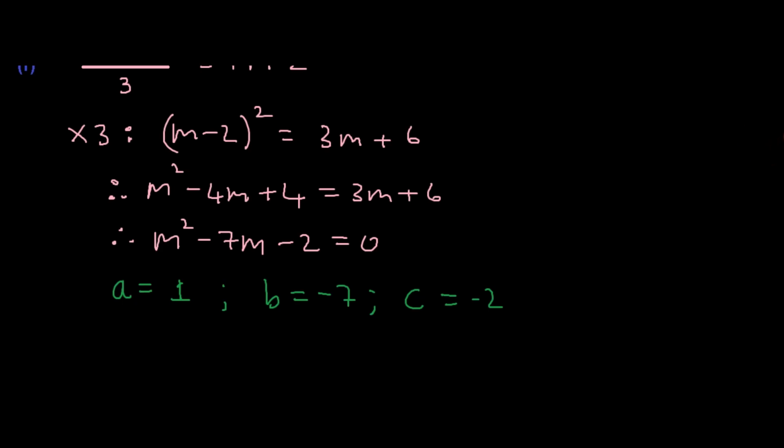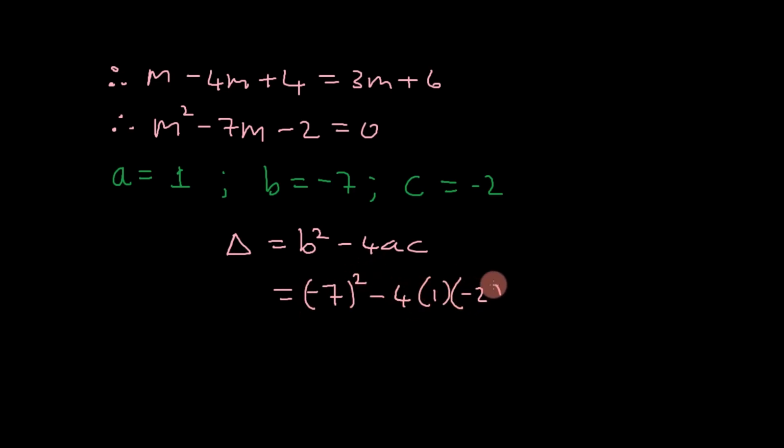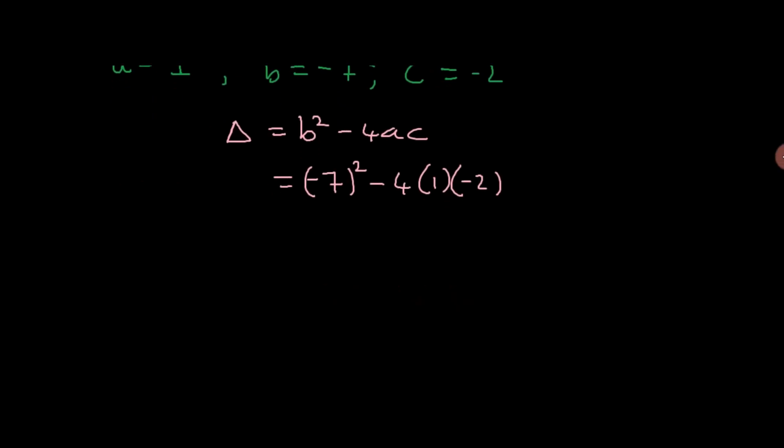Now we can find delta. So we can substitute in our values. So it's negative 7 squared minus 4 times 1 times negative 2. And we can do this on a calculator, and it comes to 57. So we can see that delta is greater than 0, but not a perfect square.